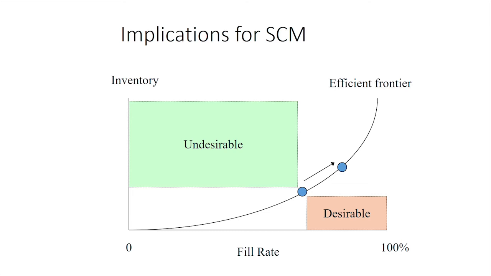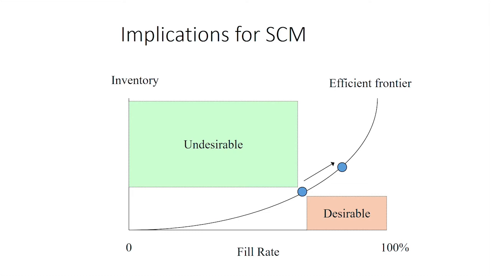For example, if I'm opening more quota of my course, more of you are able to enroll in my course, and I can satisfy more students and thus have a higher fill rate. But if you set a higher reorder point, meaning that you build more inventory, sure, your fill rate will be higher.